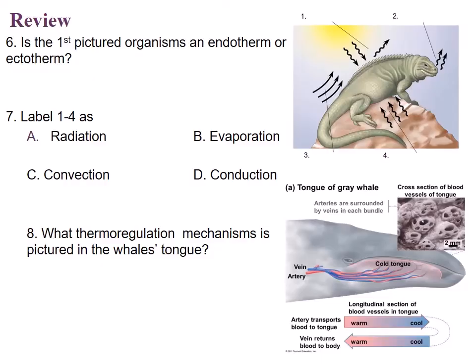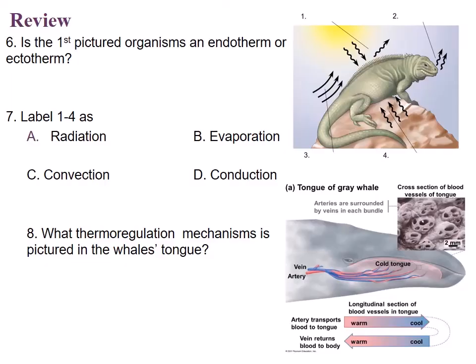So the first one here, we've got the sun warming up the lizard from electromagnetic rays, so that's going to be radiation. I think number 2 and 3 are a little bit tricky, but 2 is showing air coming from the iguana's nose there, and I think that one's probably the trickiest, but that is showing heat loss through evaporation because the moist air leaving the iguana is coming through its nose and cooling the iguana.